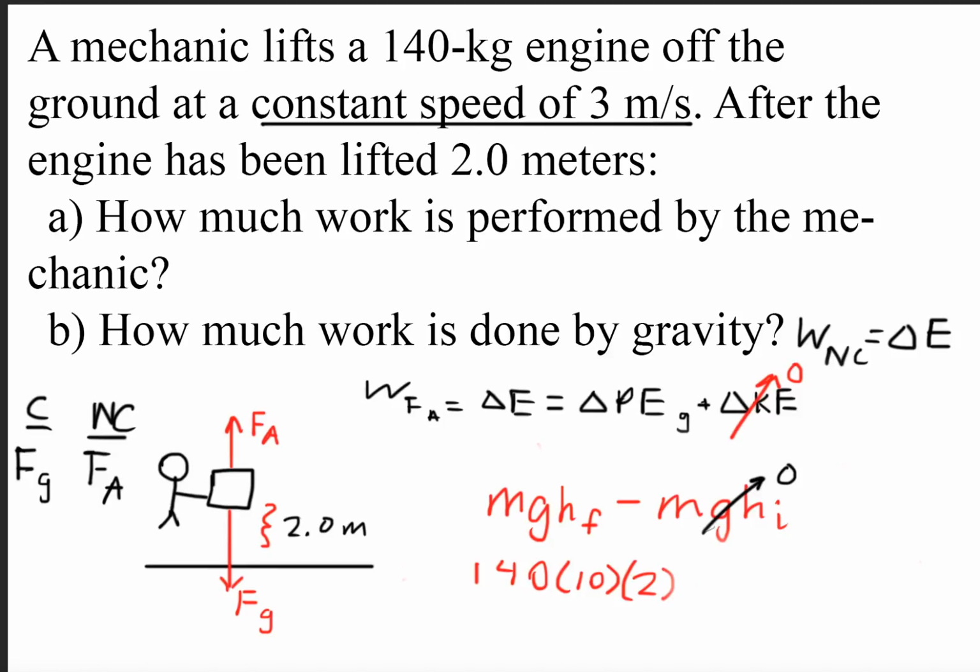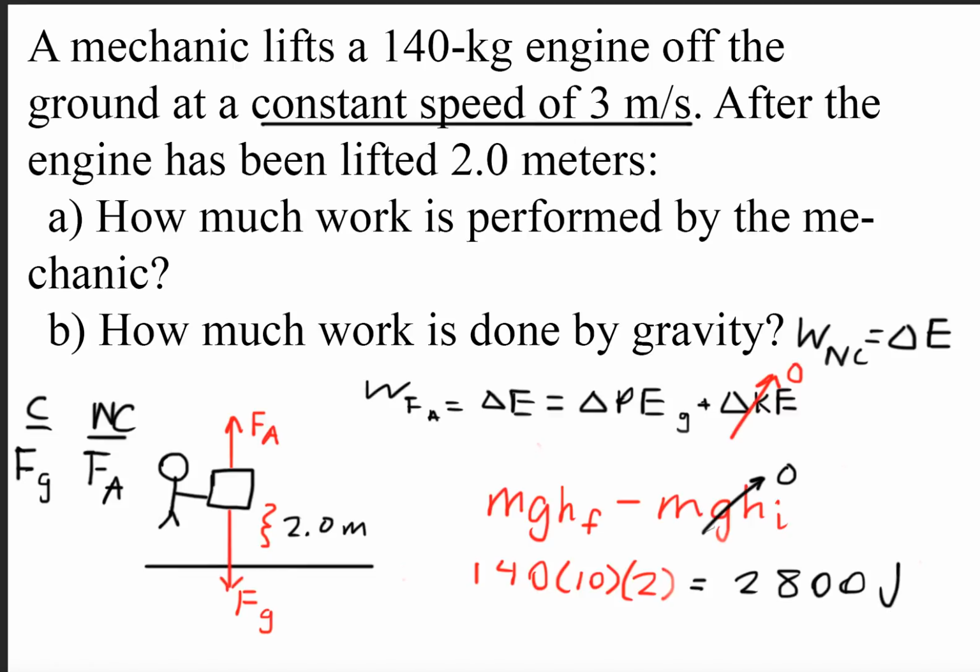So we have 140 times 10 times 2. And this will give us 2,800 joules, because the unit for work is in joules. And as you can see, this produces the same answer that we got by using just the regular work equation along with a little bit of Newton's second law.